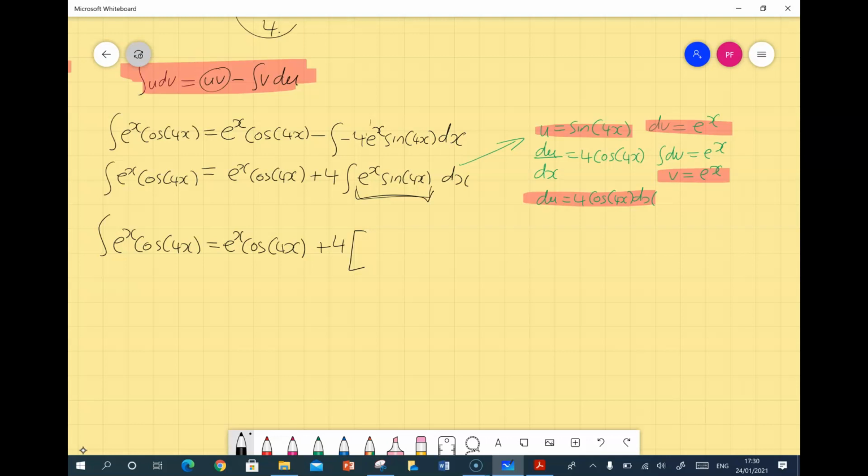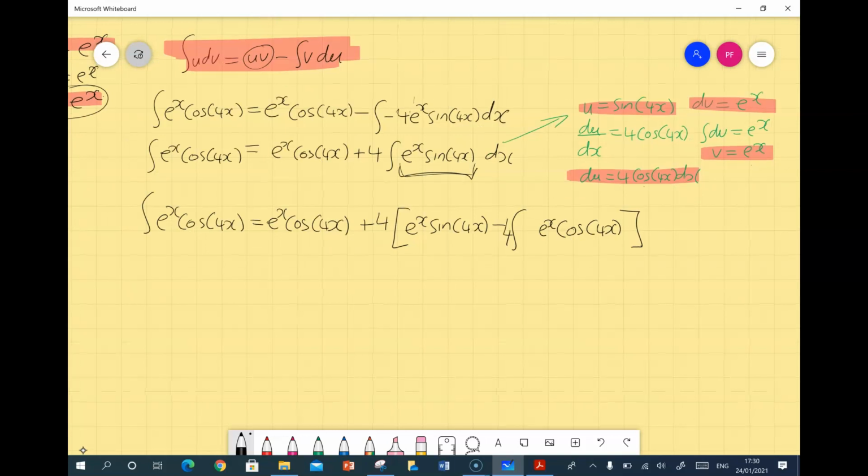So u times v, sine 4x by e to the power of x, that's e to the power of x sine of 4x, minus the integral of v du, e to the power of x by du, which is 4 cos 4x. So 4 e to the power of x cos 4x. Okay, and seeing as that 4 is multiplying there, I might just pop it outside.